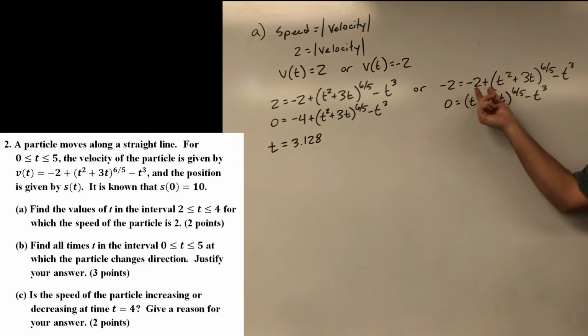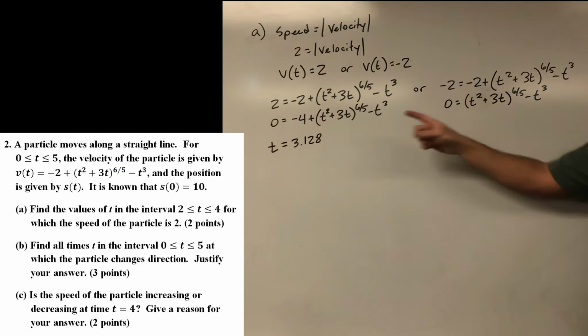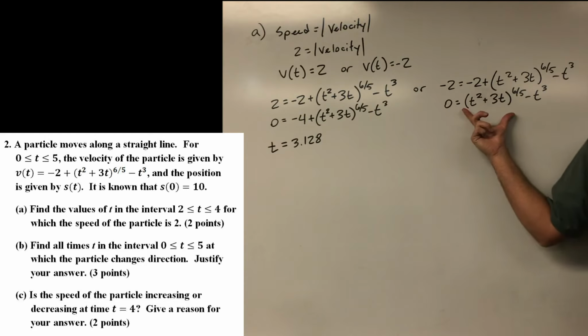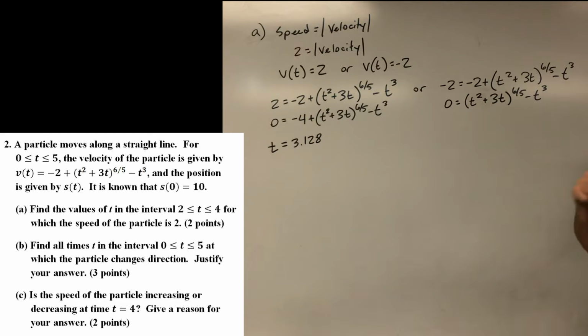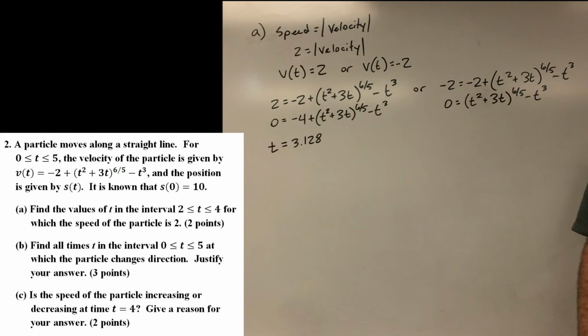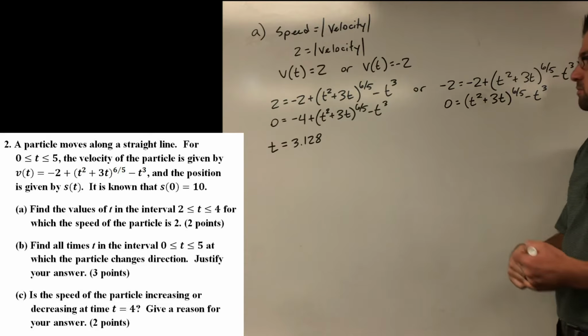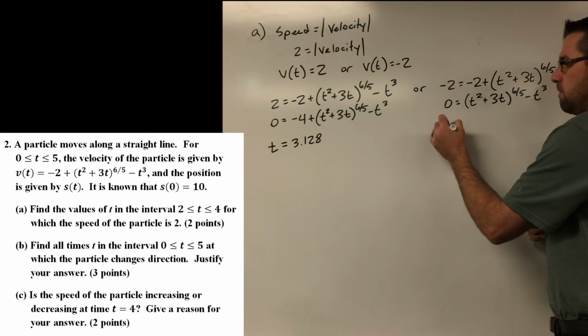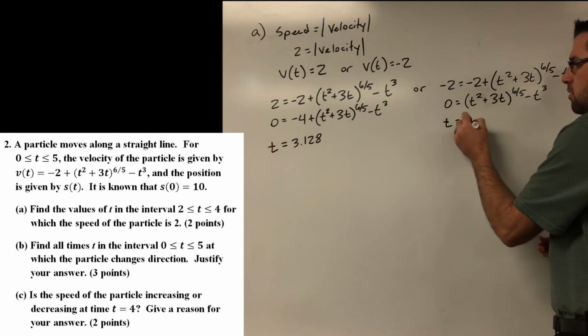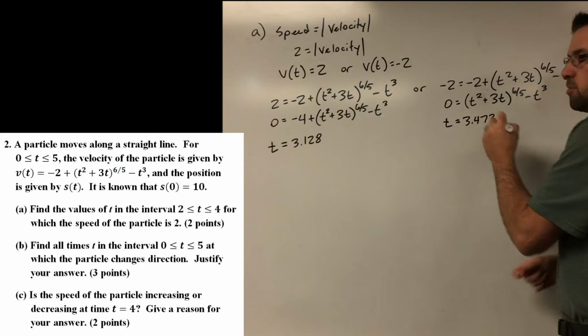Okay. So now just go back to your y list and then get rid of the -4. Right? Because that's this equation. Right, because you need to know when velocity is 2 and -2. 3.473?